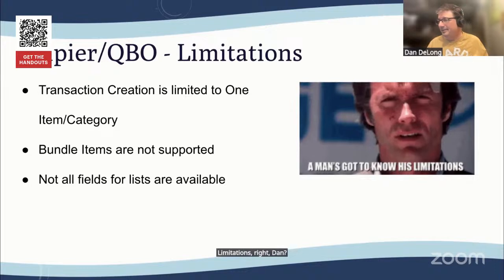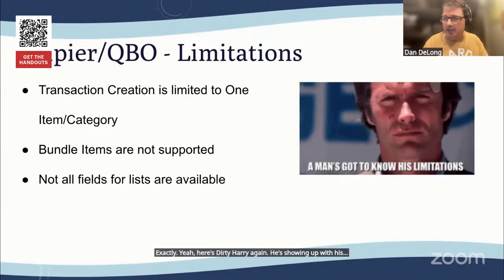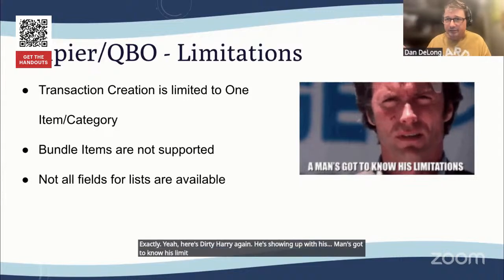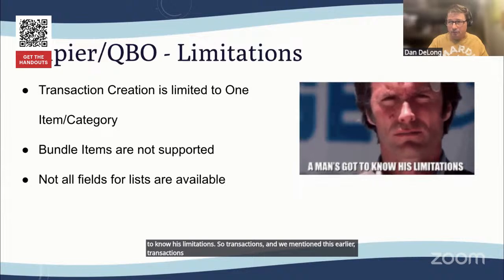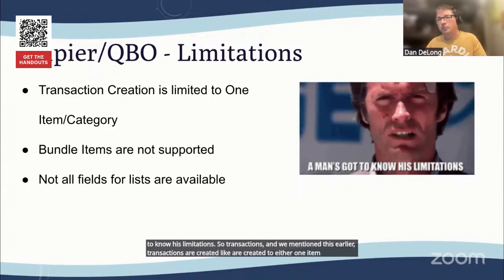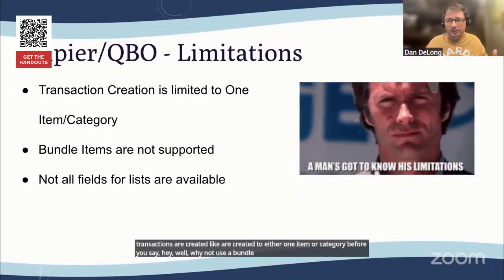Limitations, right, Dan? Yeah. Here's Dirty Harry again, showing up with his "a man's got to know his limitations." So transactions, and we mentioned this earlier. Transactions are created to either one item or category. And before you say, "Hey, why not use a bundle?" Bundle items are not supported.